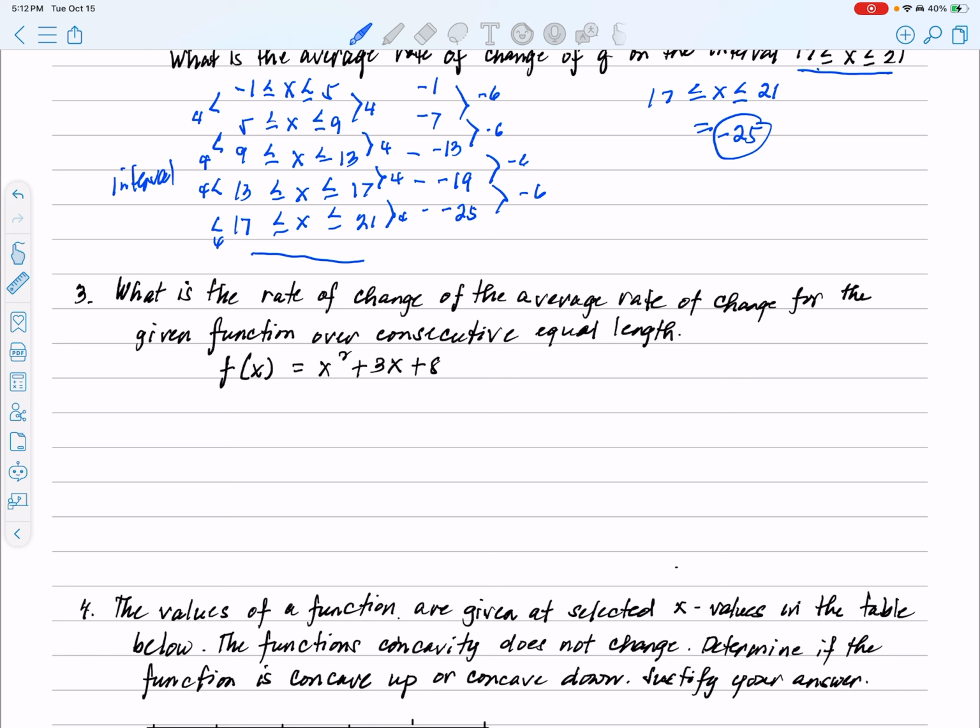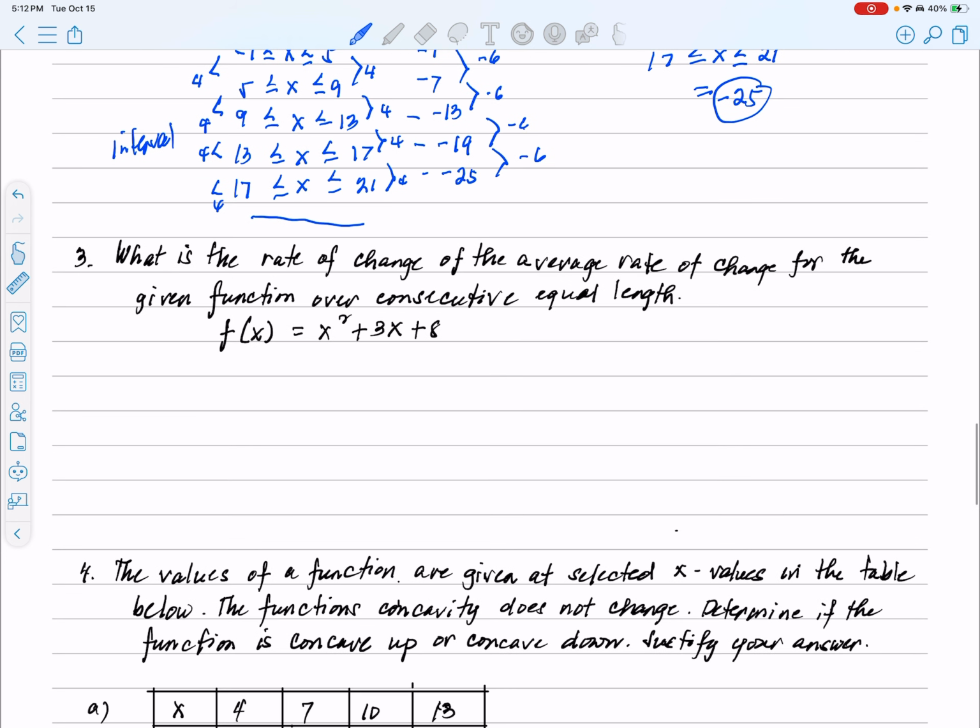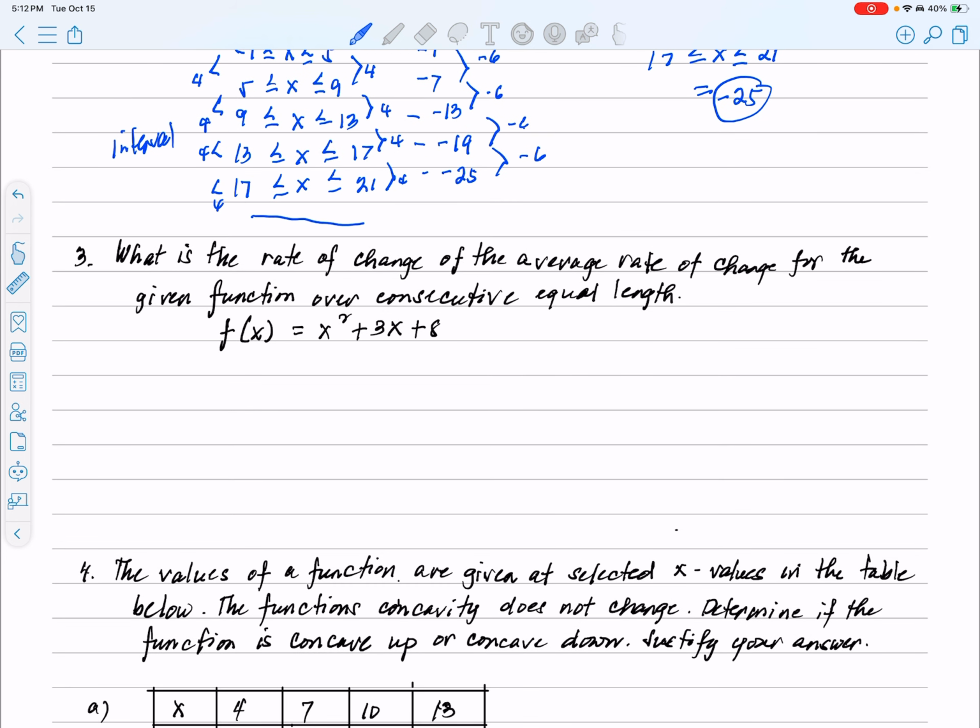Okay. You have the function x squared plus 3x plus 8. Since there is no interval given, I will just assign input values and check what will happen. Okay, let's do this. If I use -3, say -4, -5, I think 3 is enough.